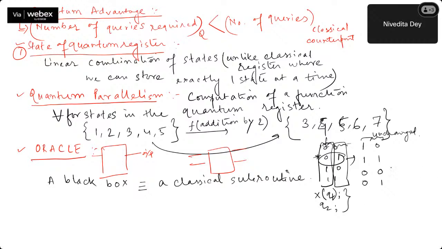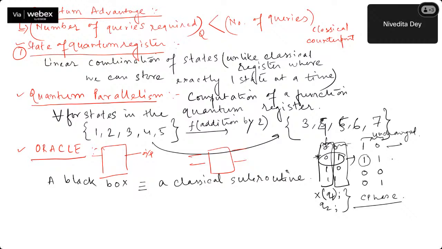Now can I tell it to do a phase inversion, say, where it is a control phase? A control phase means whenever this is 1, its phase will be inverted.